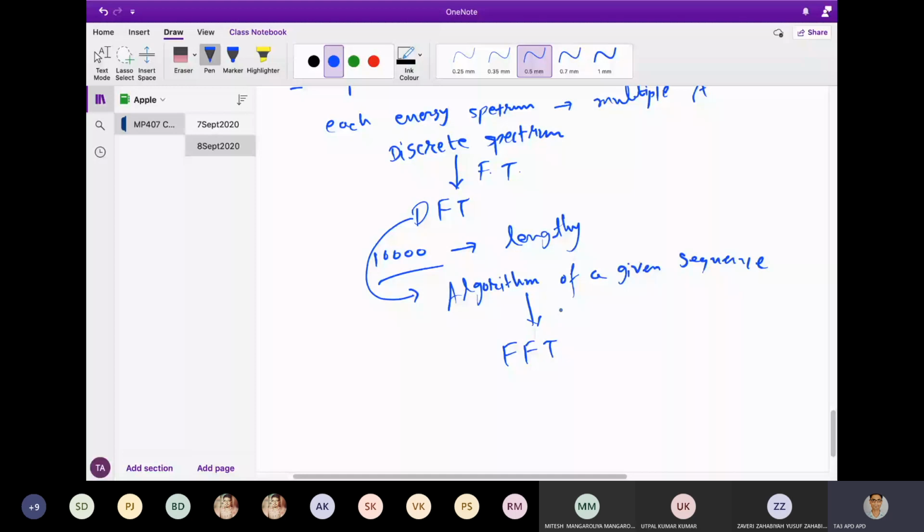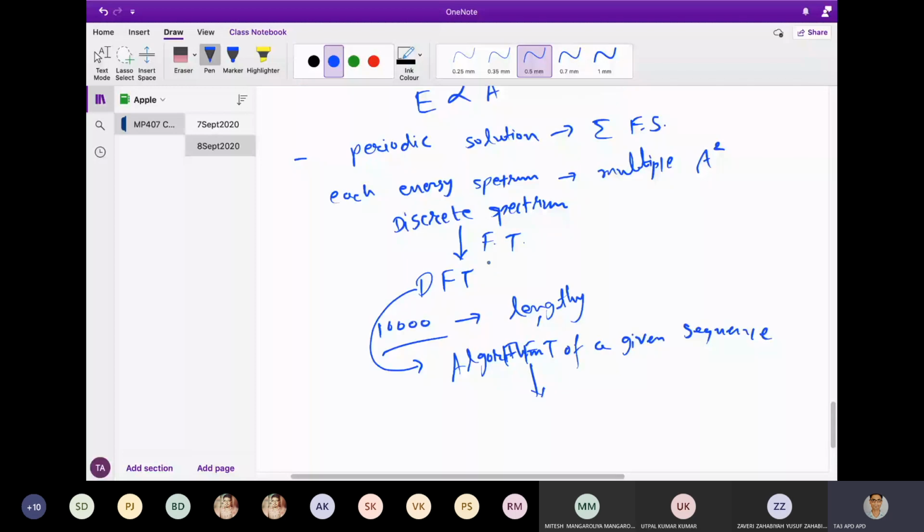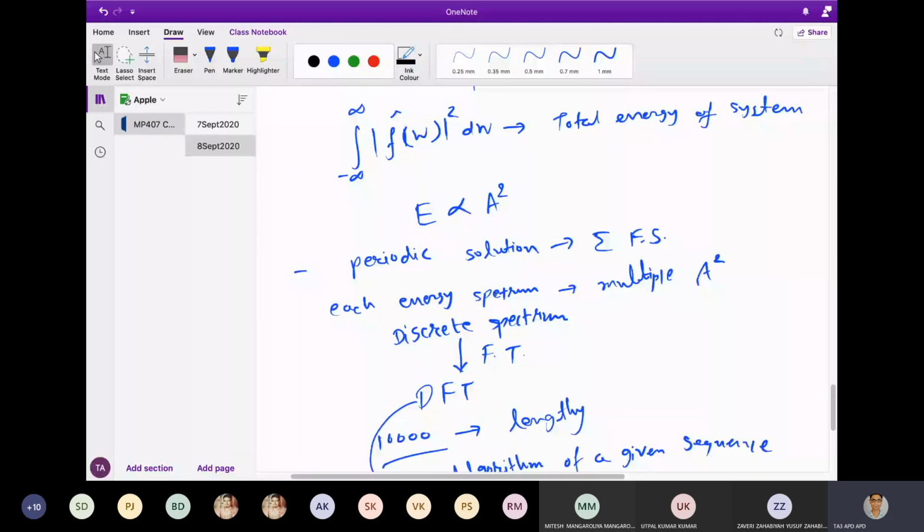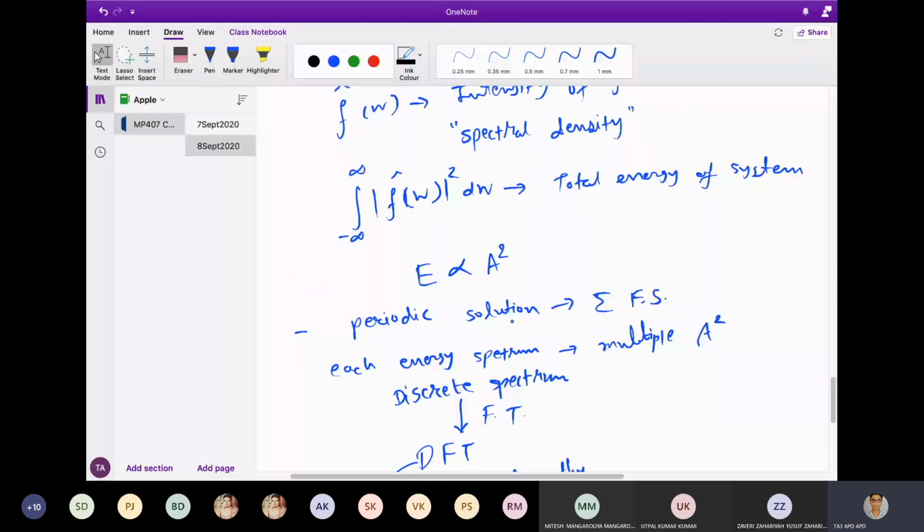Of course, we cannot go and do the Fourier transform for each discrete spectrum by hand, because in reality, with these signals, we generally obtain the solution in these intervals, and it has a discrete spectrum, especially in any quantum mechanical system.